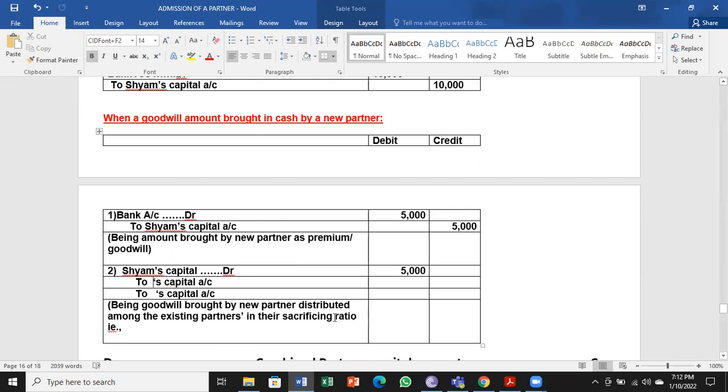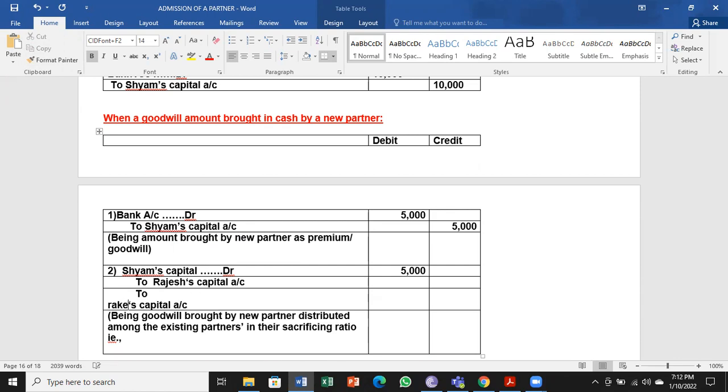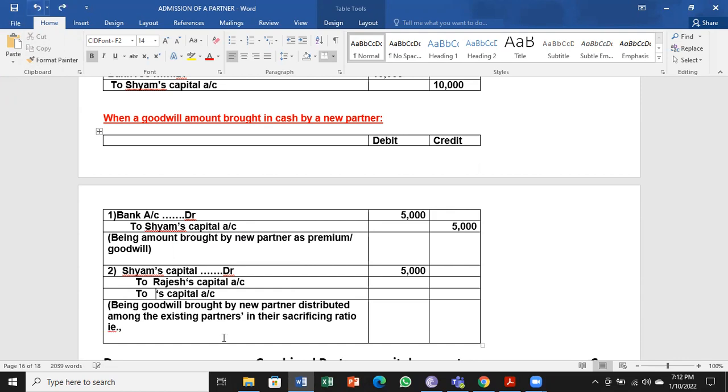That 5,000 Shyam will give to old partners because he has got profit from them, in the ratio again, remember, 3:2, that is equal to 5.